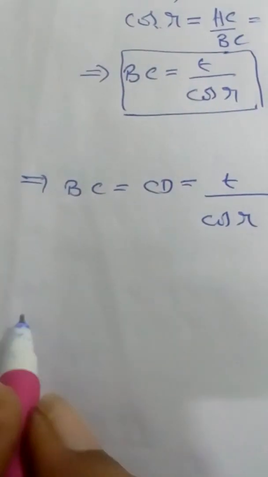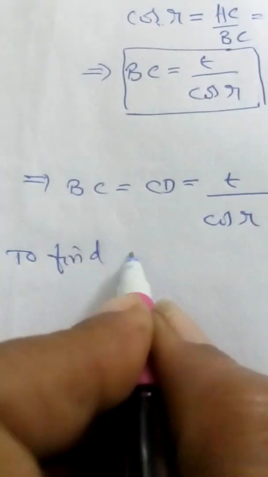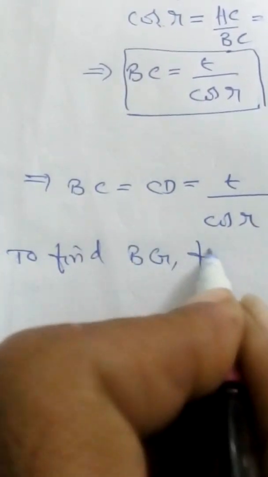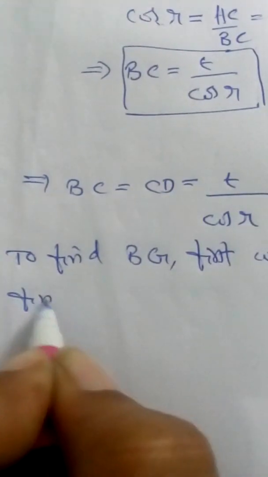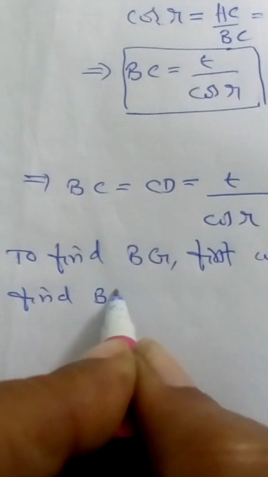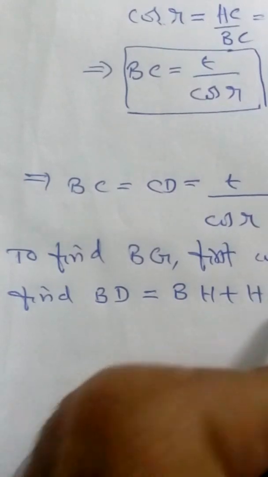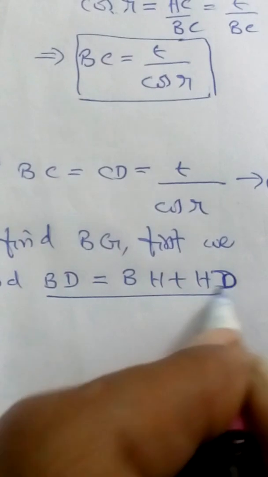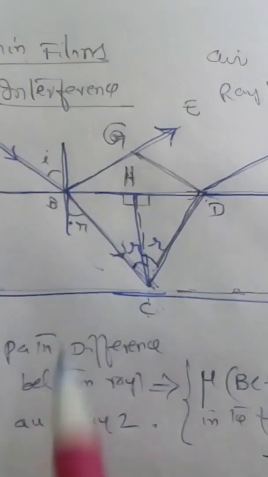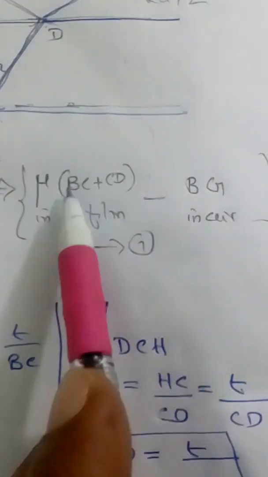So to find BG, first we find BD, which is BH plus HD. I am repeating, look at the diagram again. In equation 1, these two values we got.